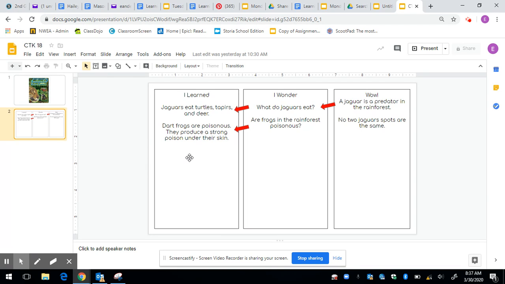We'll turn these words and phrases into sentences as we write our summary. So this information that we gathered is accurate because we read it in a text and we put it into our own words. And we're going to start the summary with our topic. So the topic is about animals that live in the canopy.